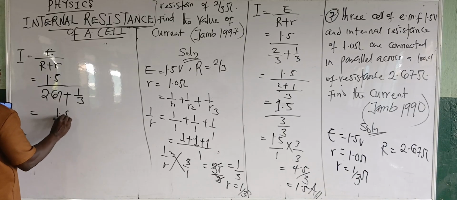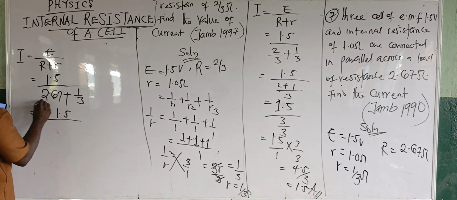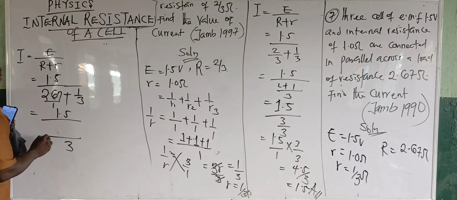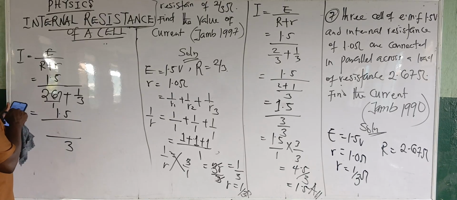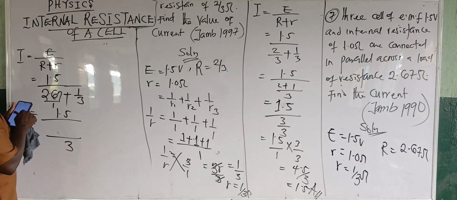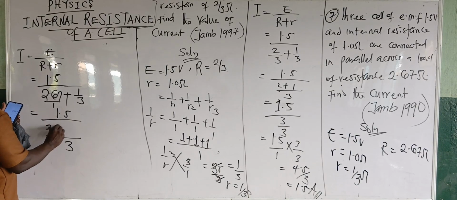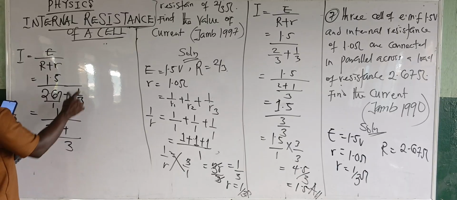So what do I know now? I know that 1.5 here. Find my LCM of the denominator is 3 here. So 1 in 3 is 3. 3 times this value. That's 2.6 times 3. I'm having 7.8 plus this in this is 1. 1 times this will give us 1.